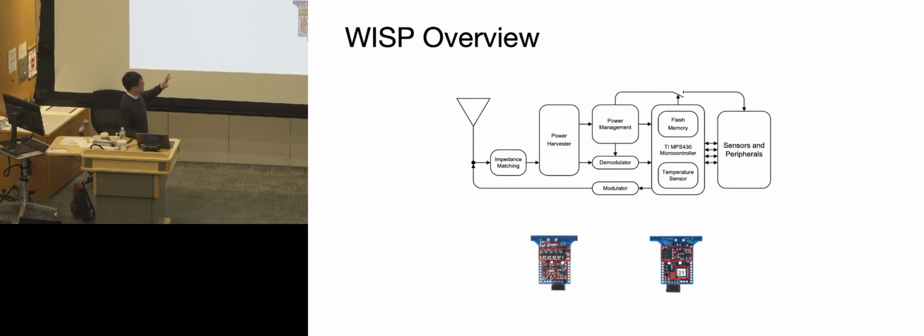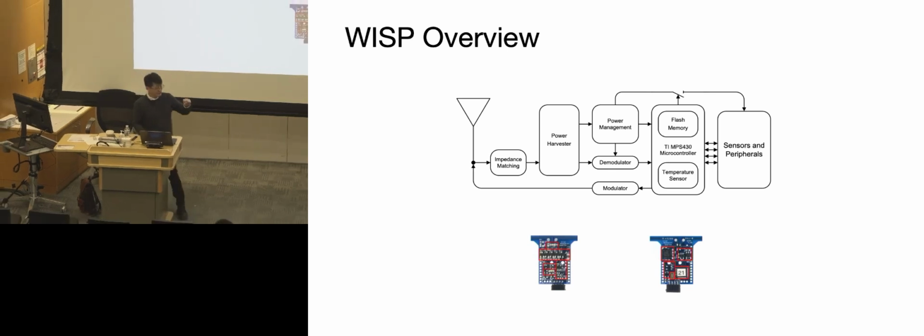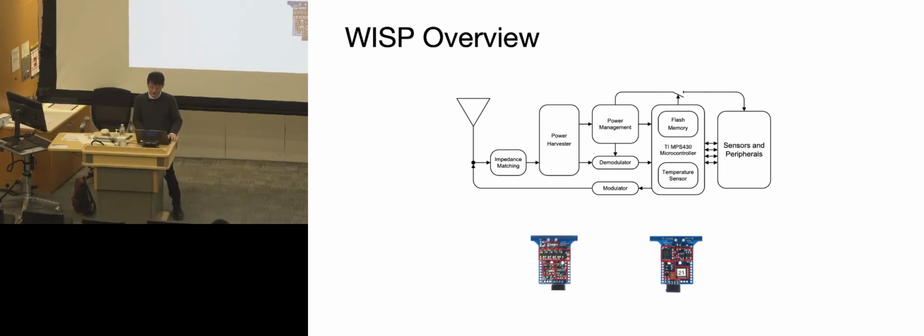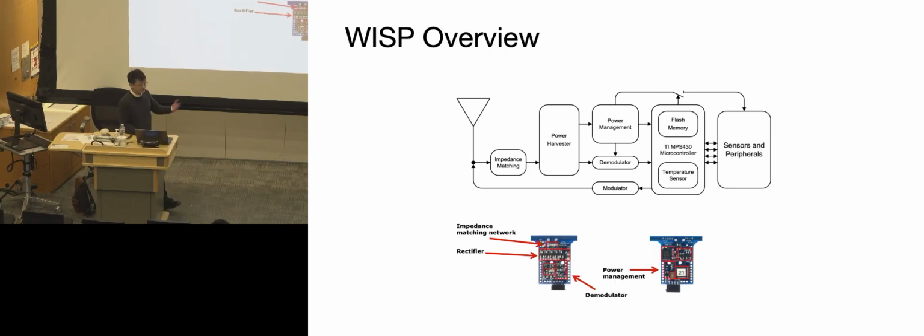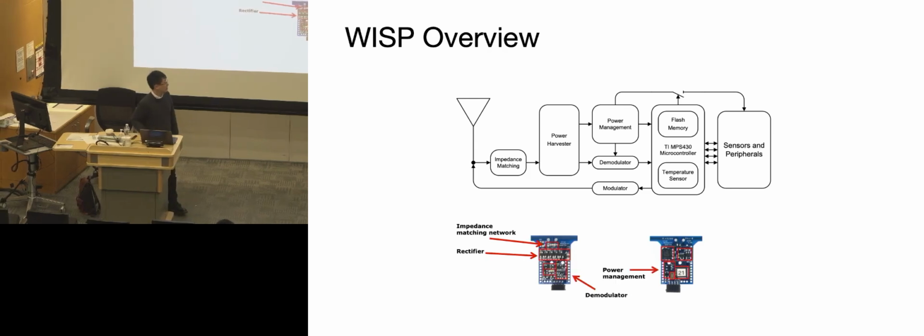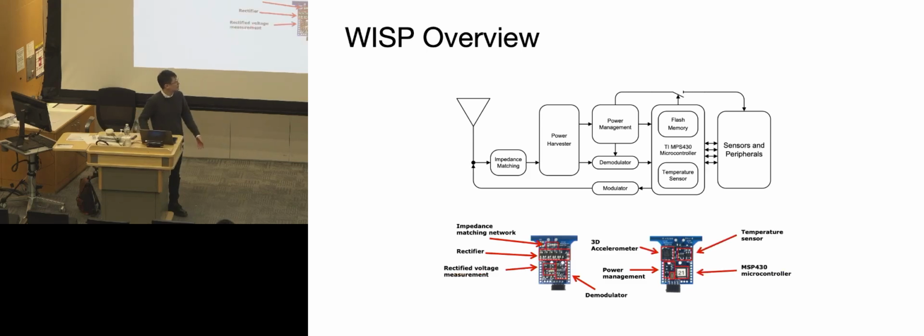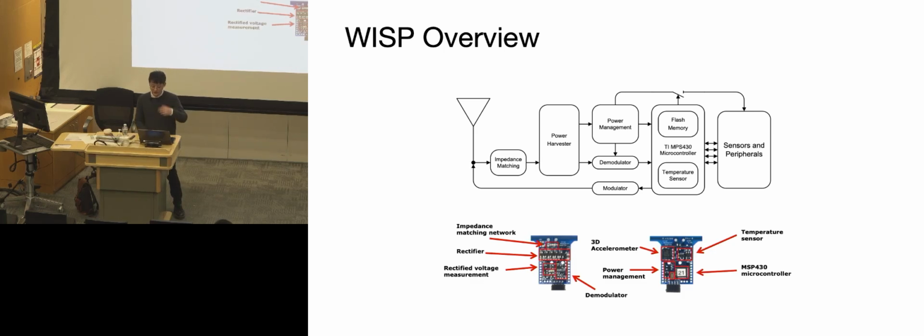This is a very simplified block diagram of this internal chip. It has an SoC, impedance matching, a rectifier to convert the AC signal to DC, and power management, as well as the accelerometer and temperature sensor, which is what the power is being used to drive. And it has no battery.